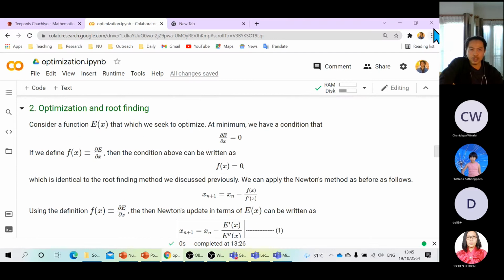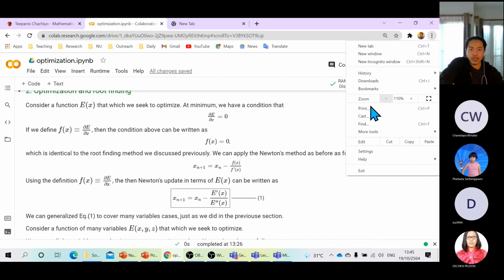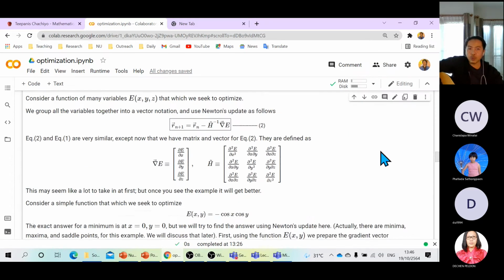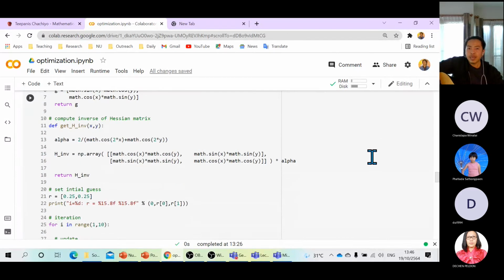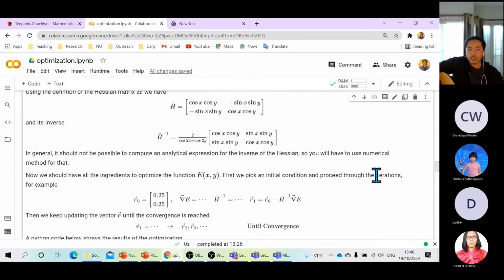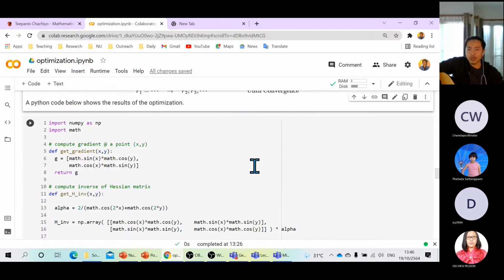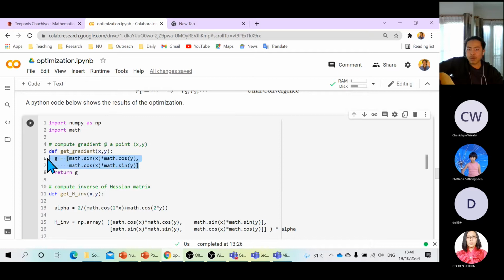Okay, for this section, let's look at the big picture of the code. Zoom out first here. Now that is what we have here for optimization using Newton's method. I have to define my gradient, which over here, that's how I define my gradient vector.